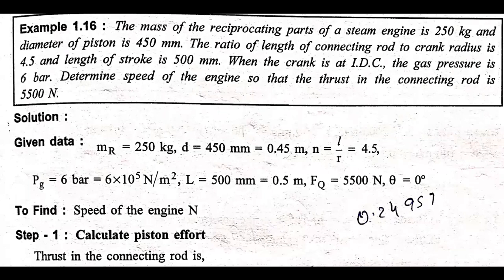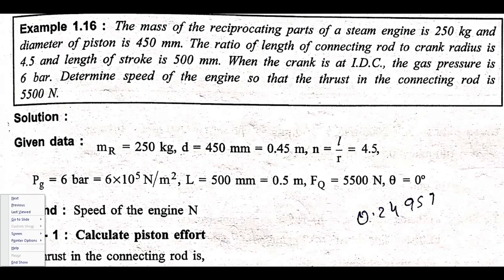The second numerical: the mass of the reciprocating part of a steam engine is 250 kilogram, and the diameter of the piston is 450 mm.